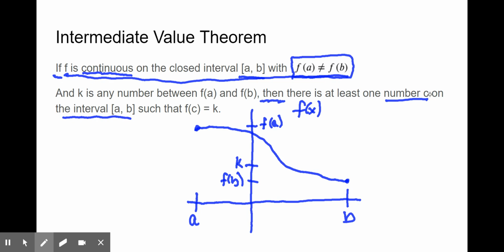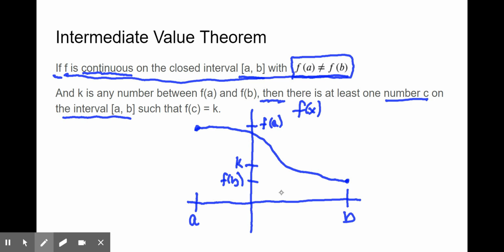All right, so let's talk about what c is. Okay, c is on the interval a to b, which means that c is an x value, right? C must be an x value because here's a, here's b. C is an x value. All right, so let's put c on here somewhere. Okay, but we're going to put it somewhere specific. It's in a place such that f of c is equal to k. So what does that mean?